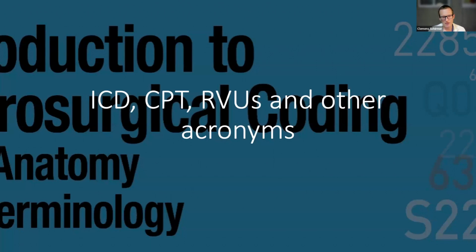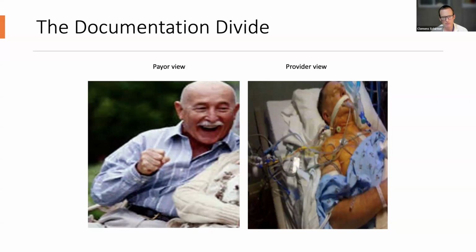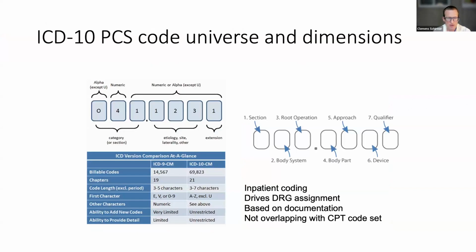So moving on, there's a bunch of acronyms that were just thrown around, and I'm sure you actually know all of these, but it's probably worth stepping back a little bit: why do we care about this? There is this documentation divide between the payer view of a patient and your view of a patient. The way this is bridged is in general with ICD-10, and I'm sure most of you are familiar with the ICD-10 diagnosis codes, but some of you may have heard about the PCS or procedural code universe and its dimensions.